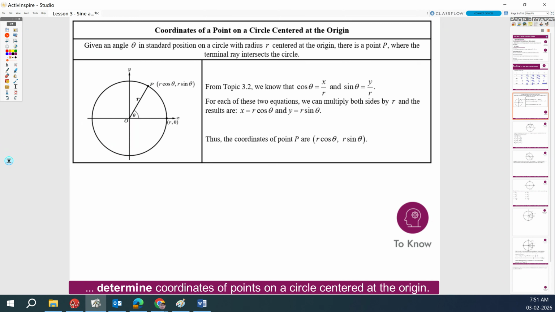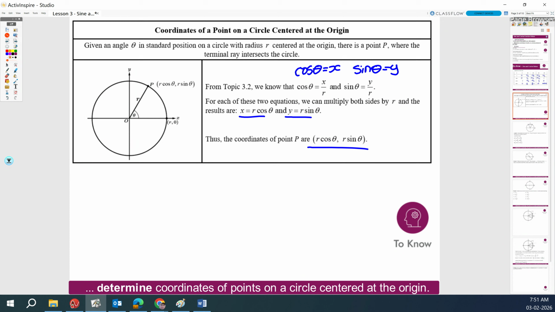In the unit circle, when r is equal to 1, that simplifies to the cosine of theta is equal to x, and the sine of theta is equal to y. But if the radius isn't 1, then we have to divide through by r. For each of these equations, we can multiply both sides by r, giving us the coordinates of the point P as r cos theta, r sin theta.